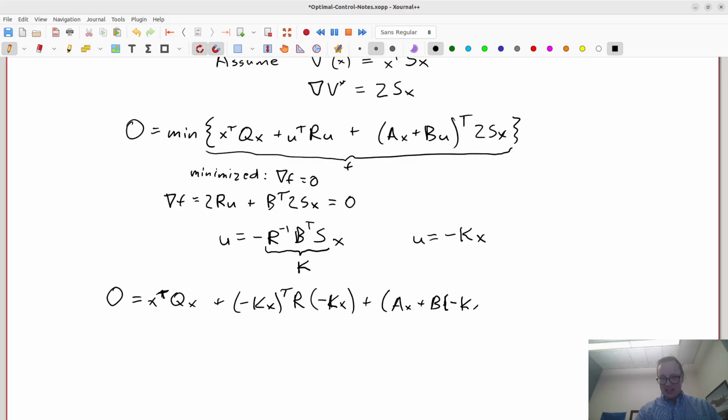So negative Kx here. Take the transpose of this and multiply it by 2S of x.